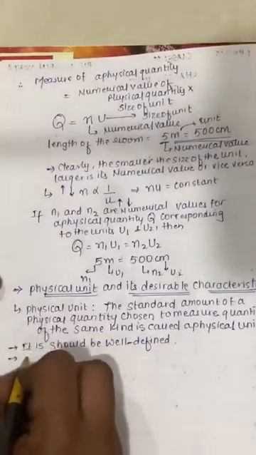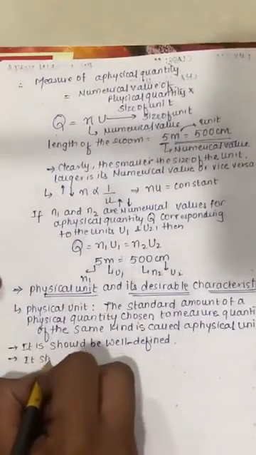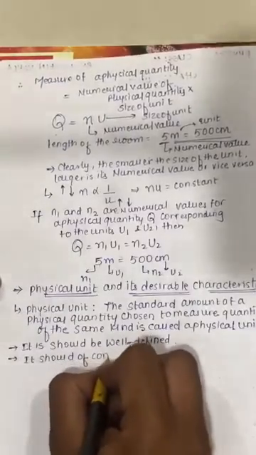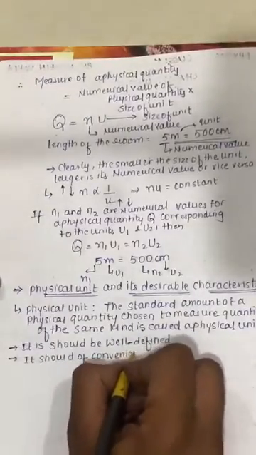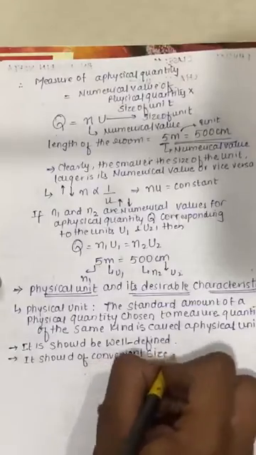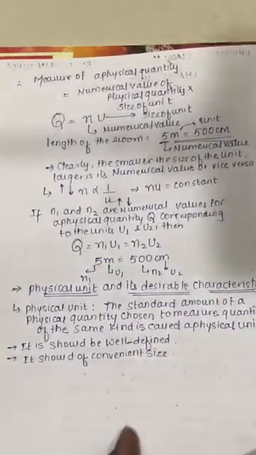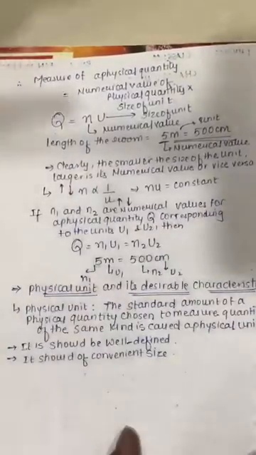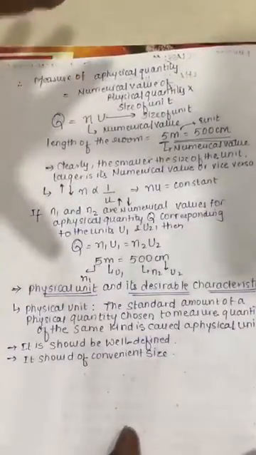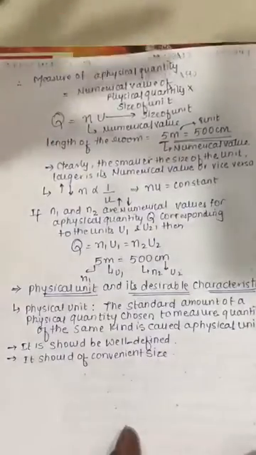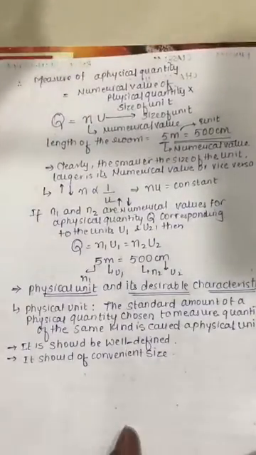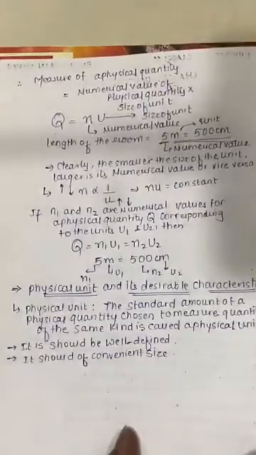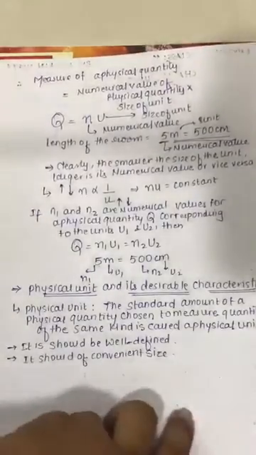Second, it should be of convenient size. Why is it said it should be of convenient size? It should not be of very big value as compared to the quantity, or of very small value as compared to the quantity. It should be appropriate in comparison to the quantity. I can give you one example.